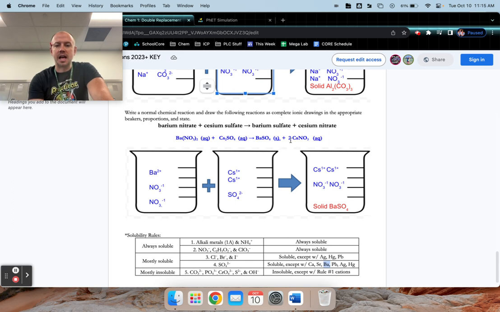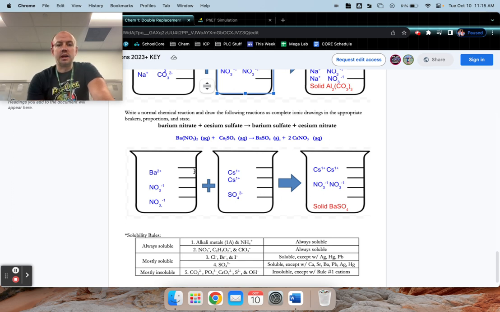That's how I knew my solid. Rule 1 and 2 tell me that those are both aqueous. Because it was a 1-to-2 ratio, just like in my simulation, I had 2 of these and 1 of those, a 2-to-1 ratio, 2 of these, 1 of those. Over here, I've got 1, 2 cesiums, 1, 2 nitrates, and then my solid.